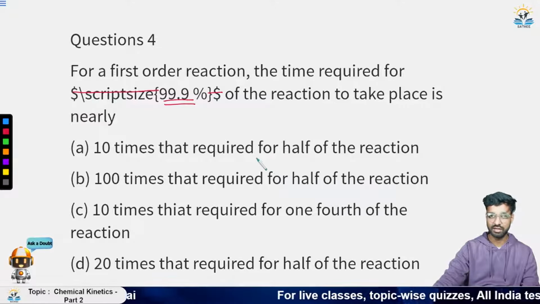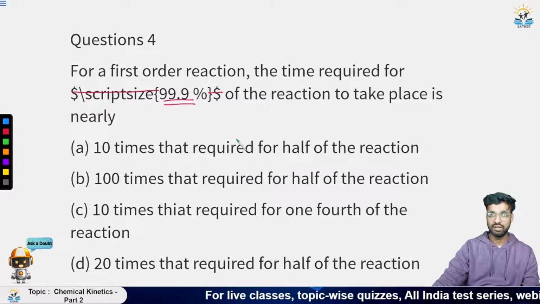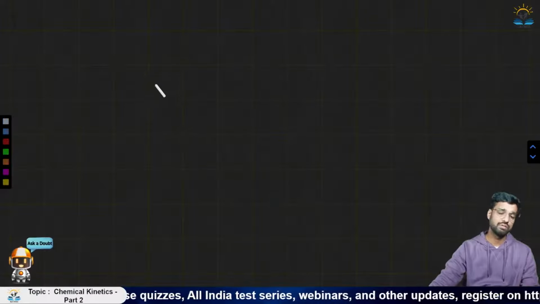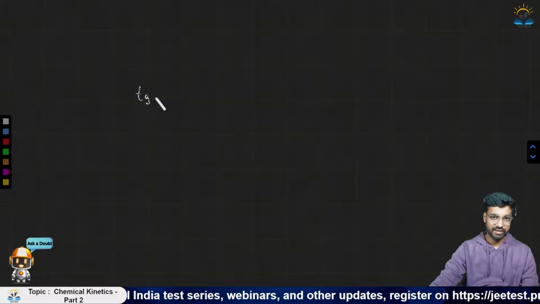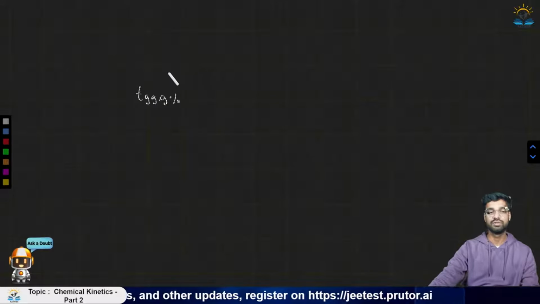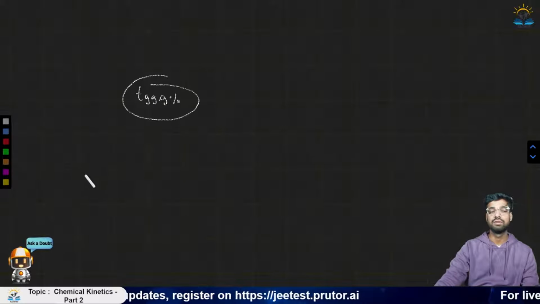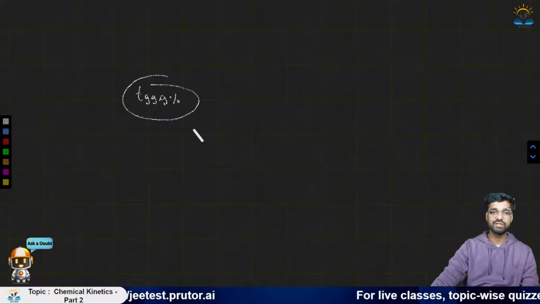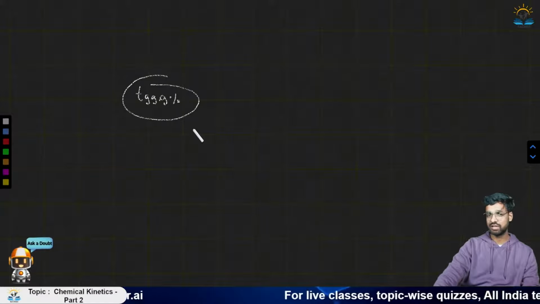So we have to compare this T 99.9% completion to the T half and T 1/4. What is meant by T 99.9%? First of all, you should get the idea of this meaning. It says that 99.9% of the reactant has been consumed.